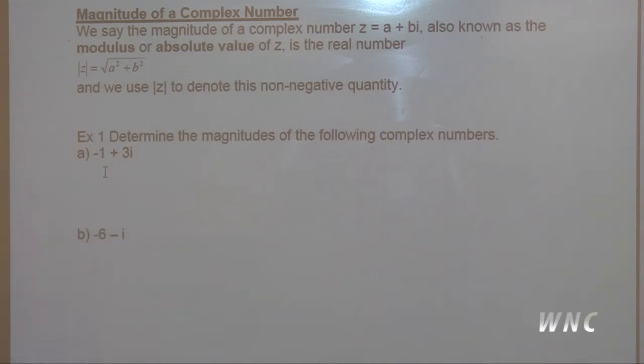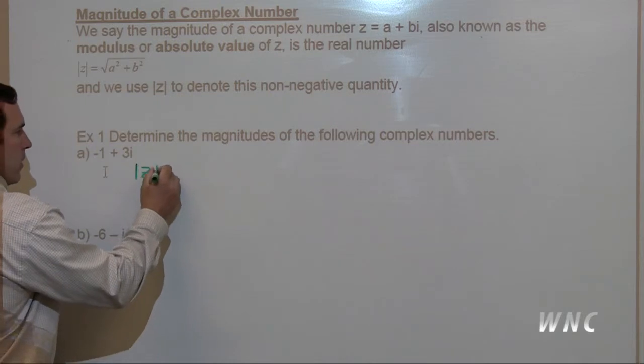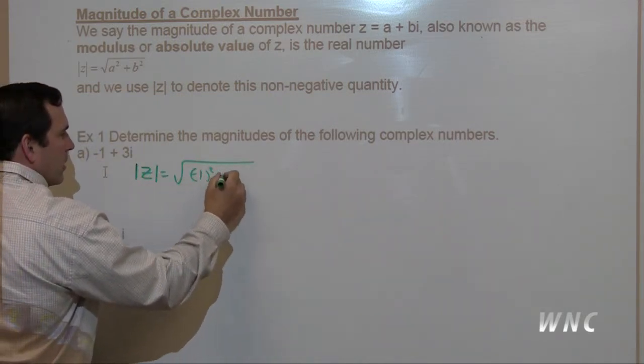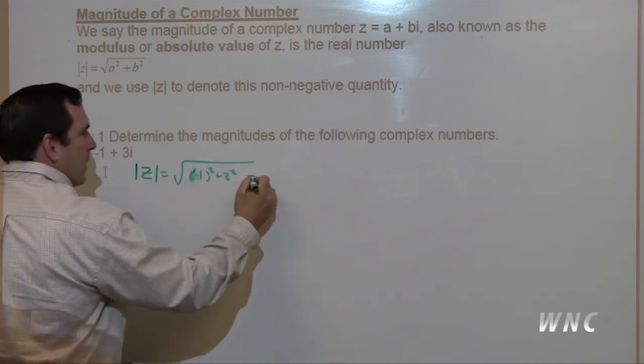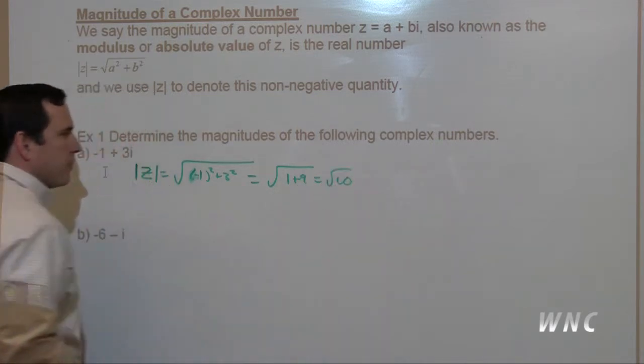Determine the magnitudes of the following complex numbers. Okay, so the magnitude of this is going to be the square root of negative 1 squared plus 3 squared. That's going to be the square root of 1 plus 9, square root of 10.